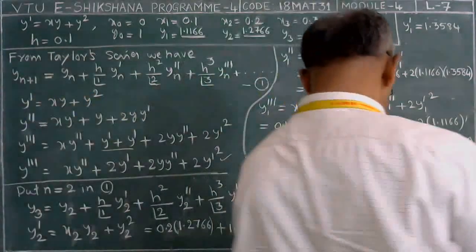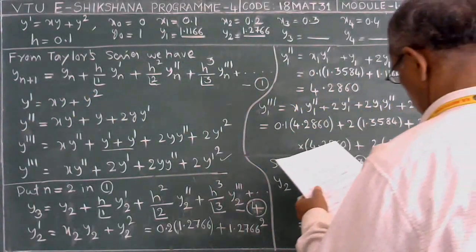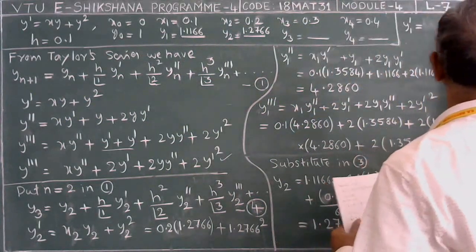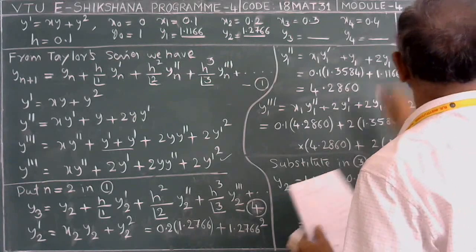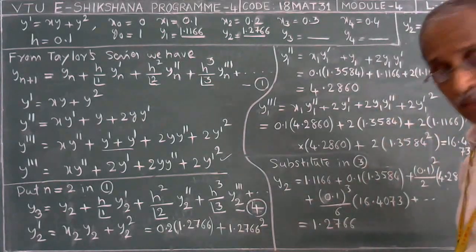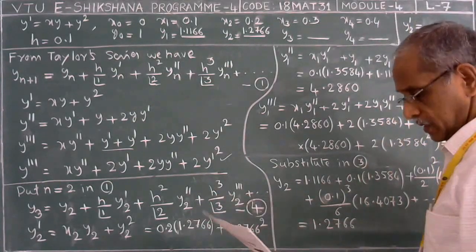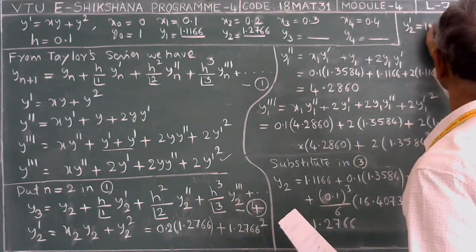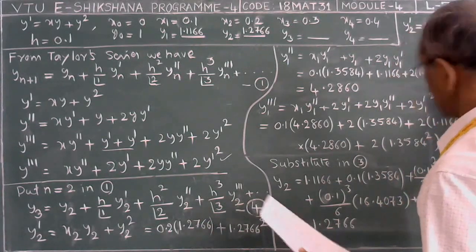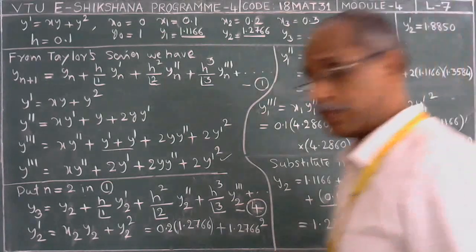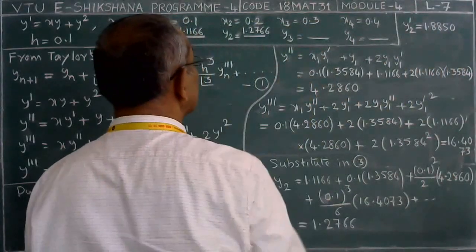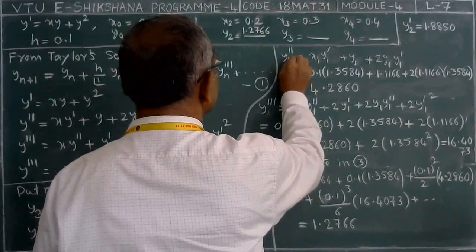So if you compute carefully using your calculator, you get y2 dash is equal to 1.8850.